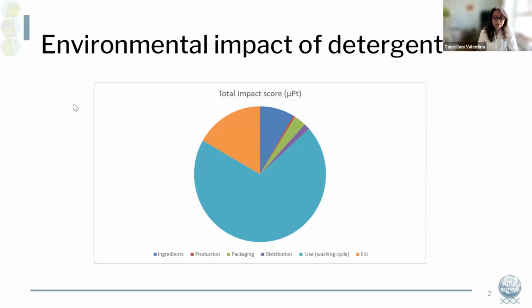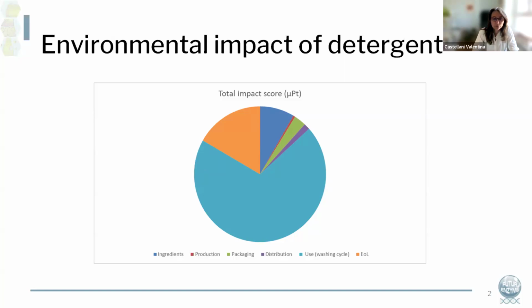Okay, as mentioned before by Maria, we also have the possibility to aggregate the results of the different indicators with two steps called normalization and weighting. What you see here is what we obtain from these two steps. So the total impact score expressed in points, micro points in this case.